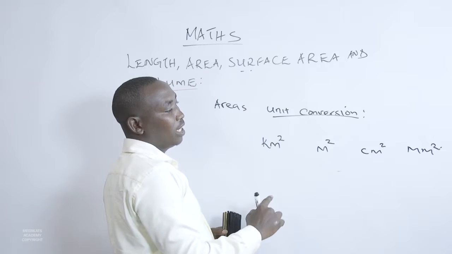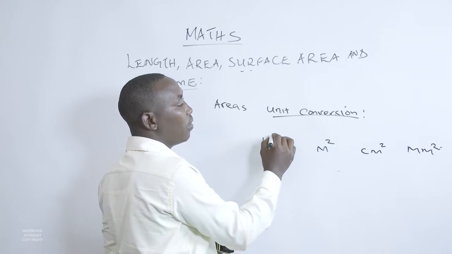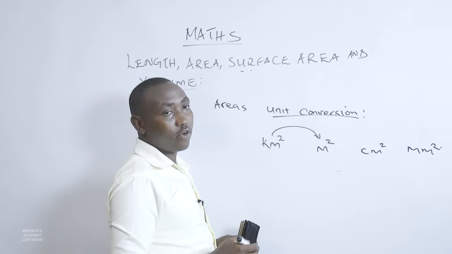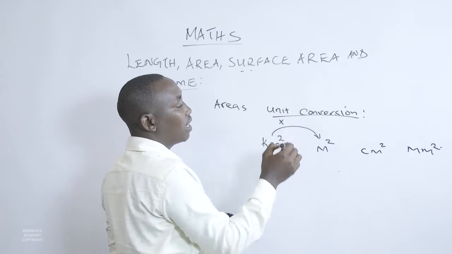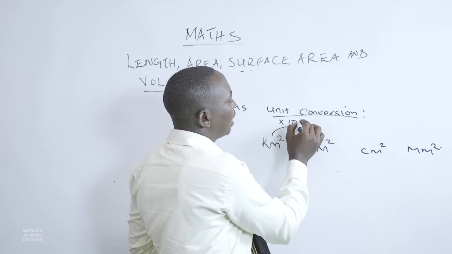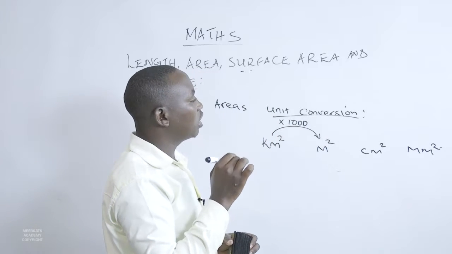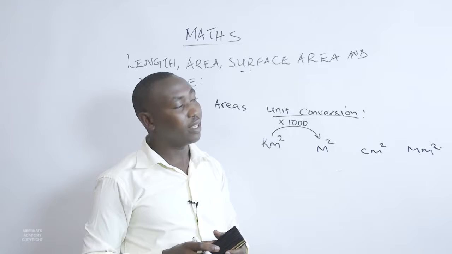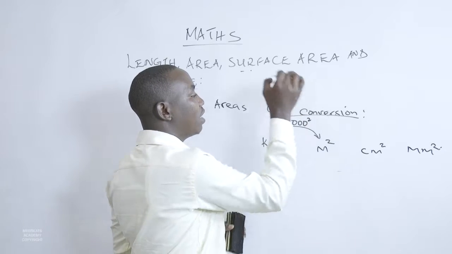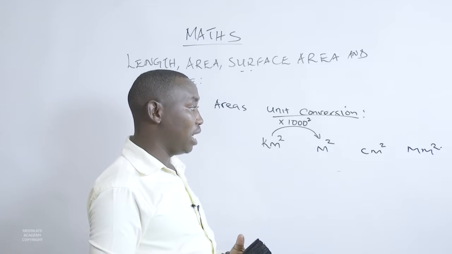We discovered that when you want to move from square kilometers to square meters, with this forward arrow, we multiply by the square of 1,000. The square of 1,000 in this case will be 1 million.